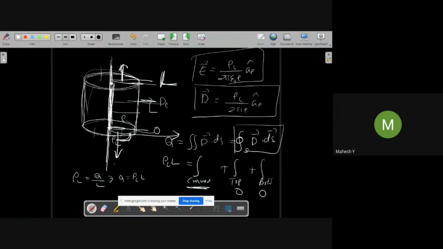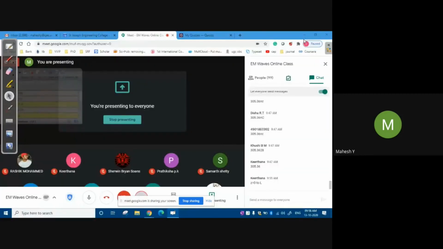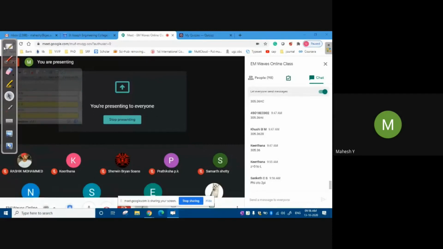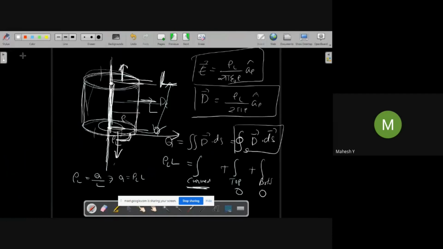Here, what is the total limit for phi and what is the limit for z? Z is equal to 0 to L, correct? For phi, 0 to 2 pi. Okay, very good, Sanket.